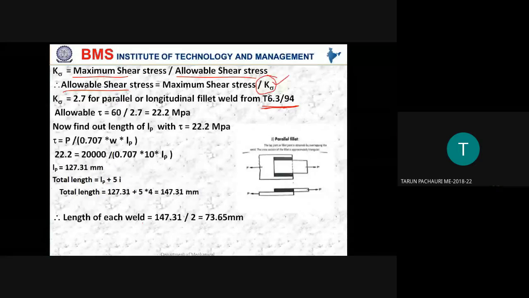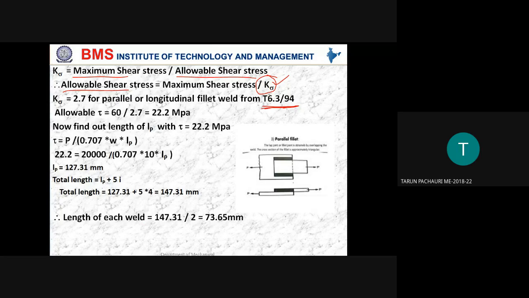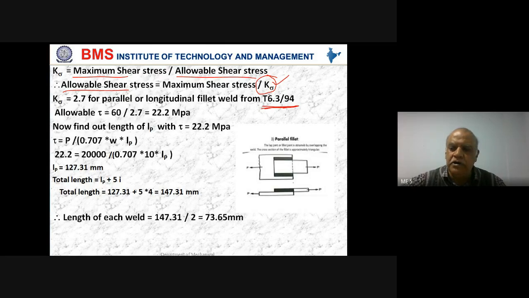Correct. T butt joint with sharp corner, stress concentration factor is 2. And for end of longitudinal fillet weld, the stress concentration factor is 2.7. Correct. So that is the longitudinal or parallel fillet weld. So the value of K sigma is equal to 2.7.